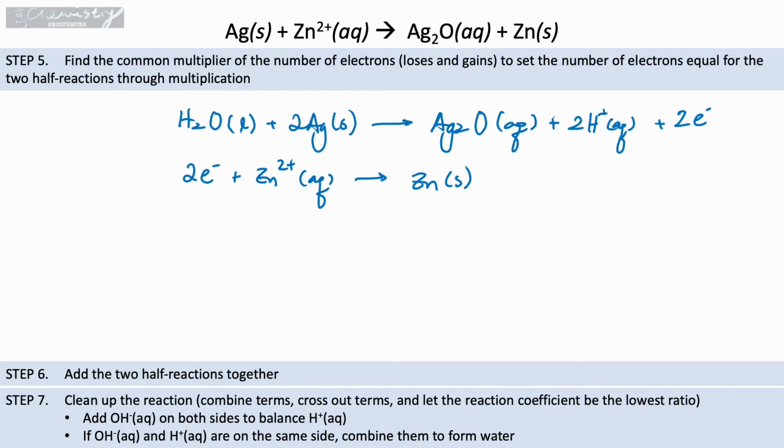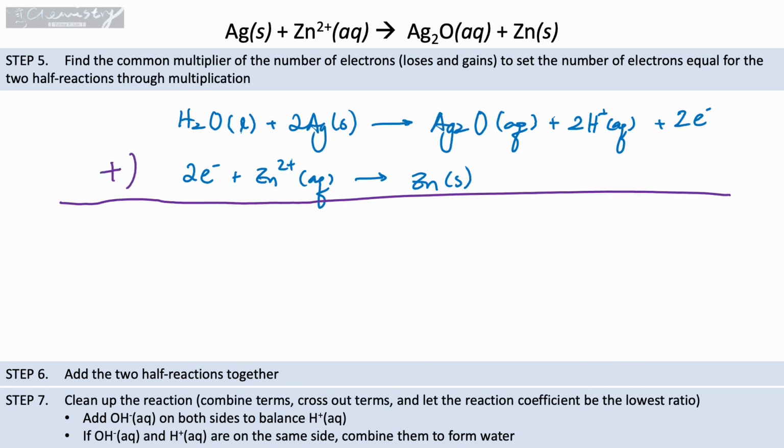From here, we can see that there are 2 electrons, 2 electrons. The least common multiple is 2, and since they're already at 2, we don't need to do any additional multiplication to make them the same. Step 6 is to add them together.